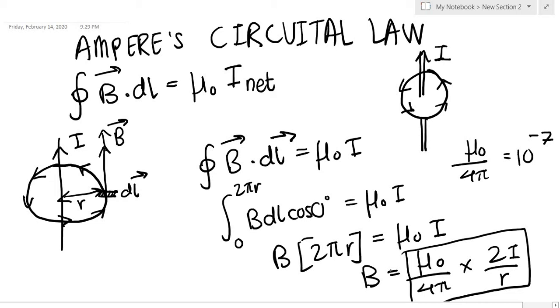There's another for a solenoid, but first I would like to do some questions relating to infinitely long conductors, charge carrying wires. So the question says that we have two infinitely long current carrying wires whose directions of currents are in opposite directions.